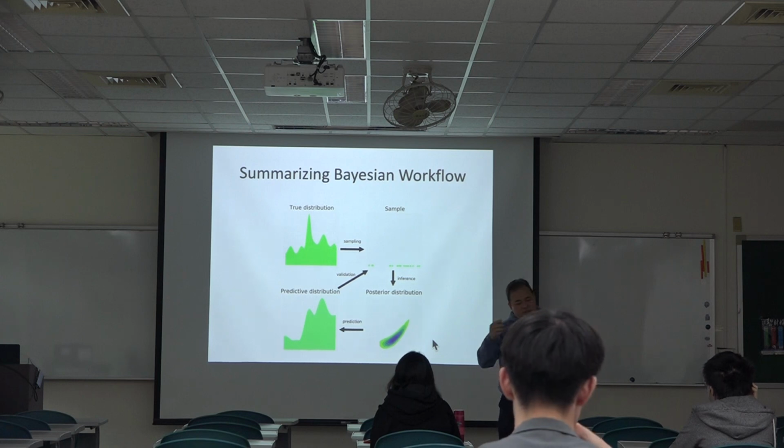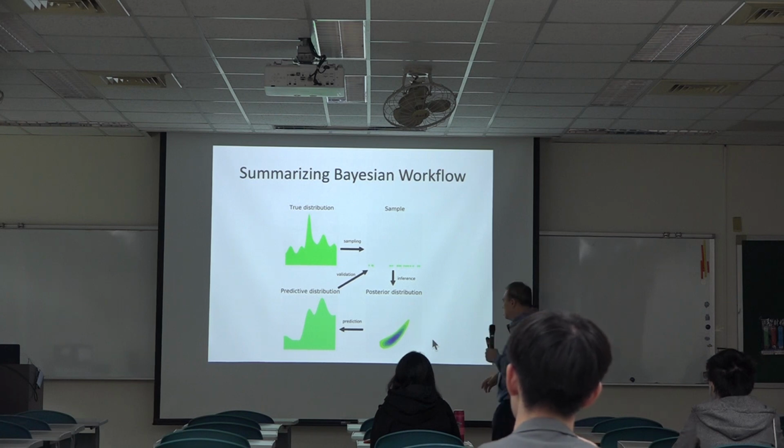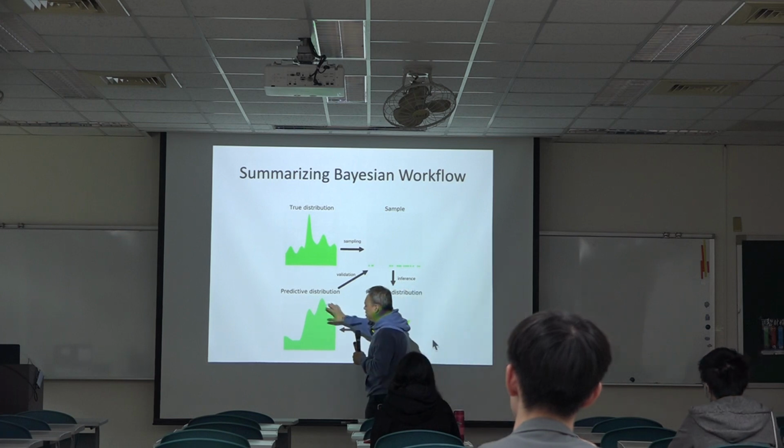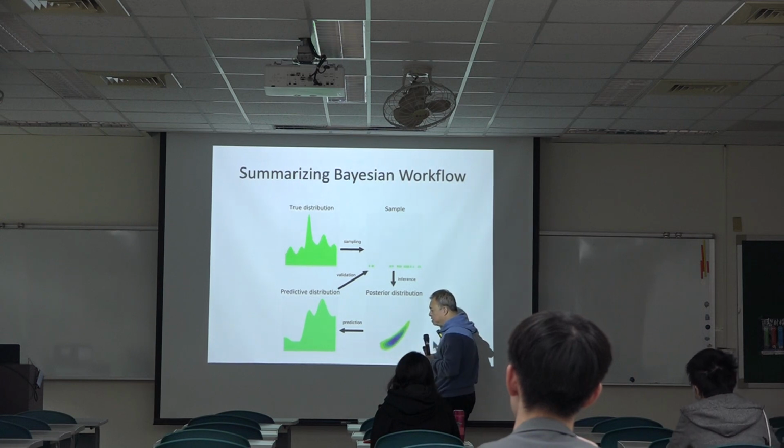And then you can sample values from this model parameter distribution, and then use the likelihood to sample your predictions. So those are the predictions that you obtain from the posterior distribution.